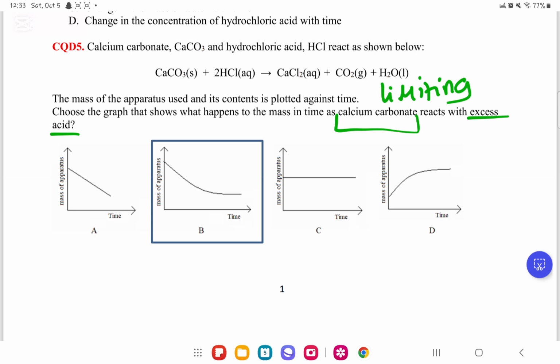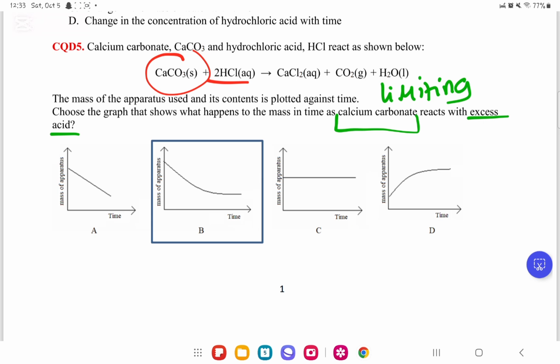So if the acid, the HCl, is in excess, then definitely the calcium carbonate, CaCO3, will be limiting. Now we're going to choose the graph that shows what happens to the mass of CaCO3 plotted against time.